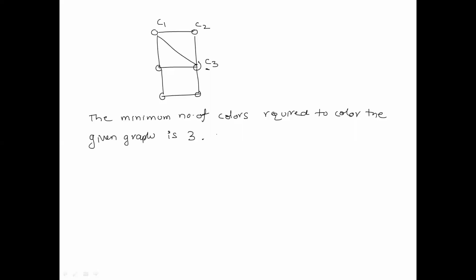This is technically called the chromatic number. Okay, this is called the chromatic number of a graph.